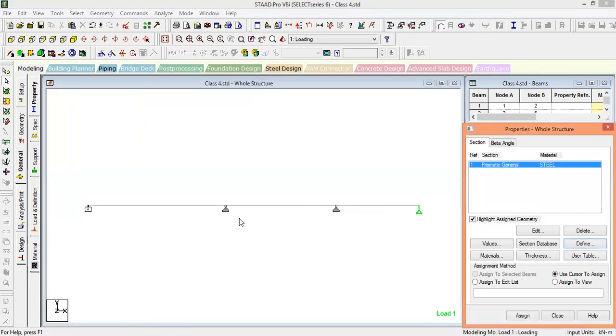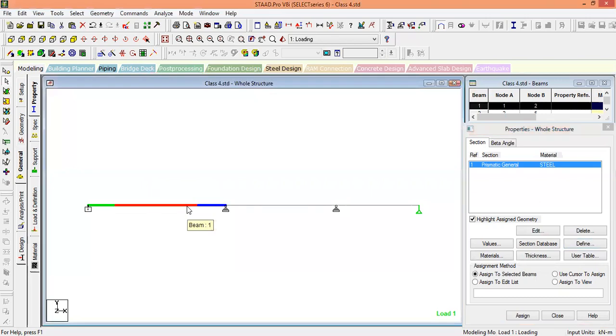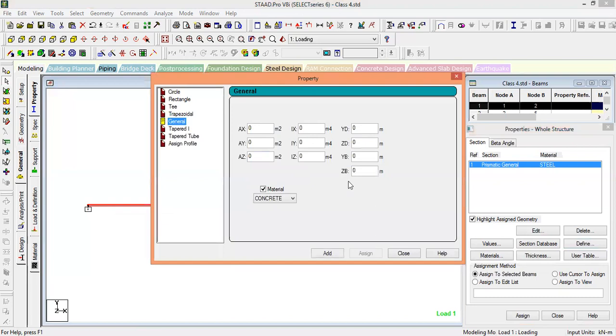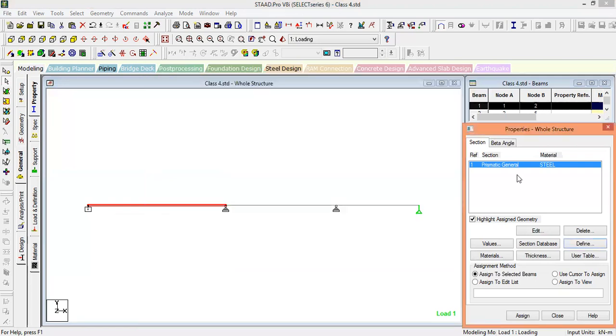Suppose one beam has the I value as in the previous problem, and another beam has 2I value, then you have to go again, define, go to general, and multiply the IZ value by 2, that is 4.5 into 10 power minus 4 into 2, it becomes 9 into 10 power minus 4, correct? So you can provide that here and add.